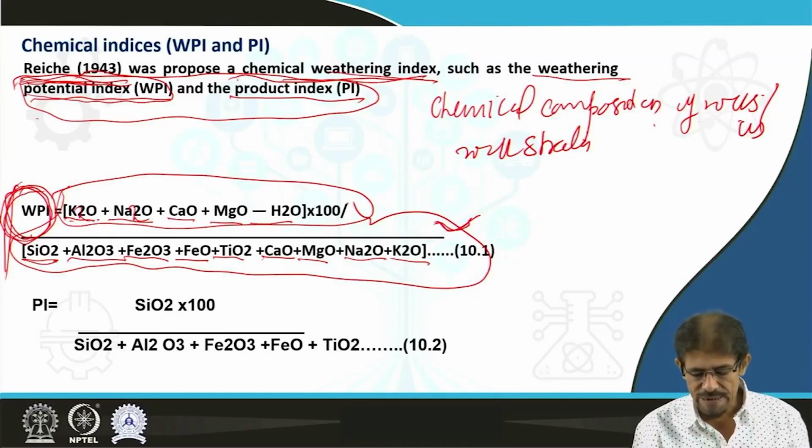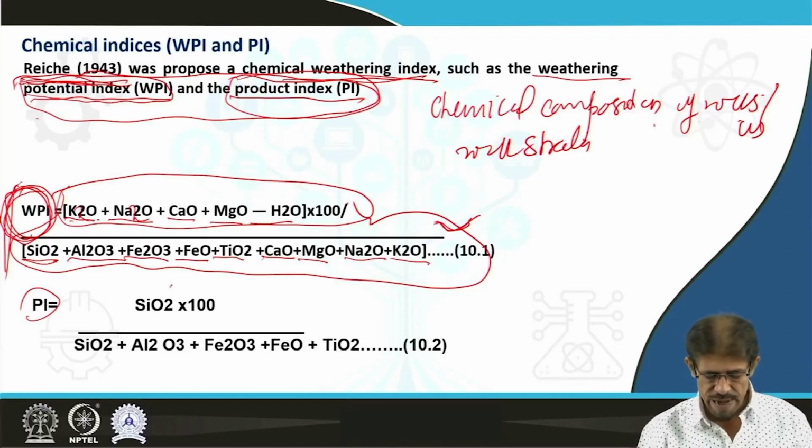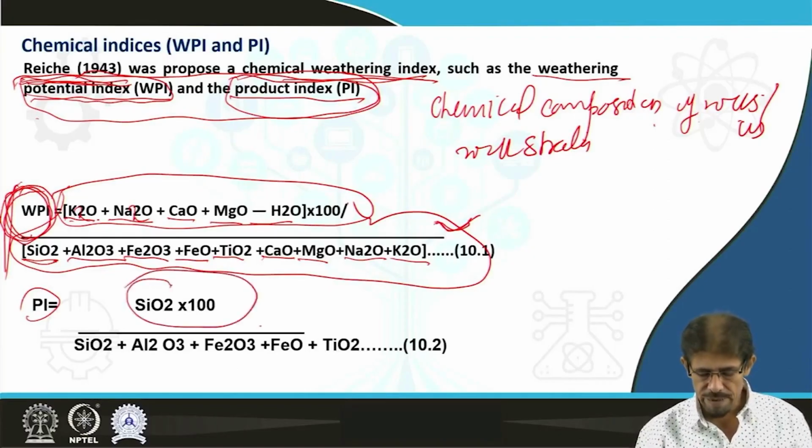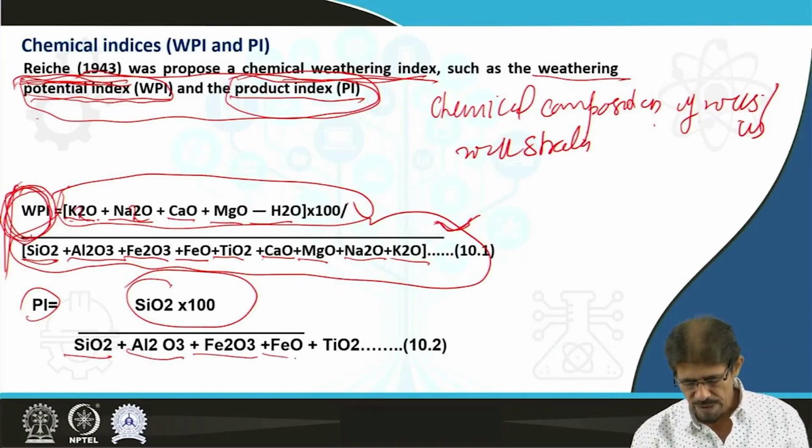Another index suggested by Reiche in 1943 is the product index, PI. PI is simply SiO2 multiplied by 100 divided by SiO2 plus Al2O3 plus Fe2O3 plus FeO plus TiO2.